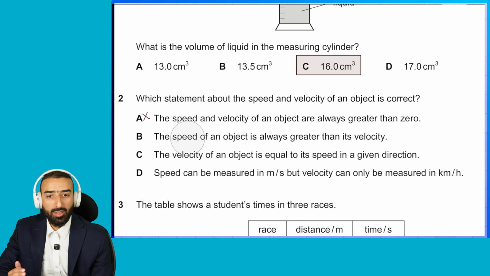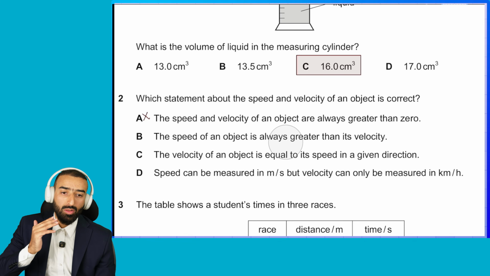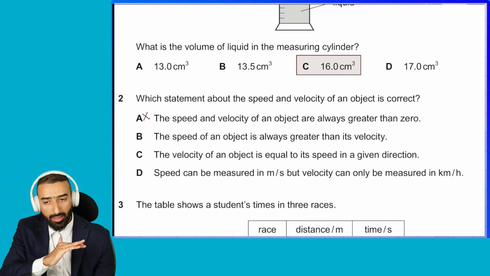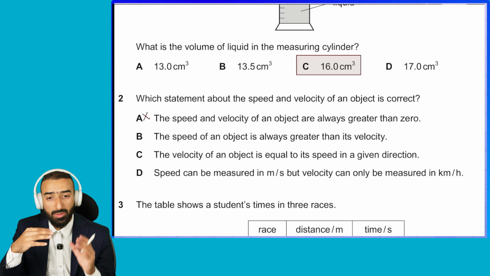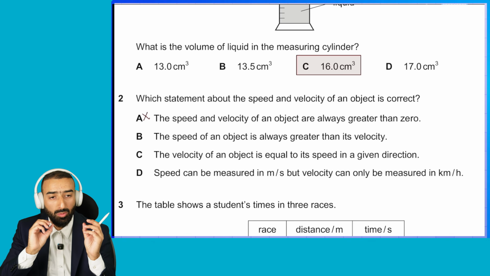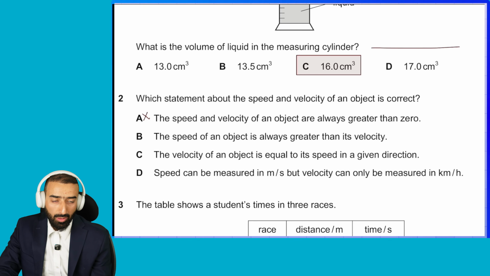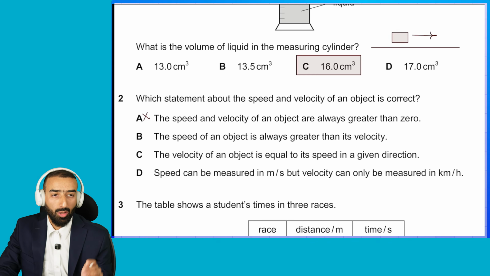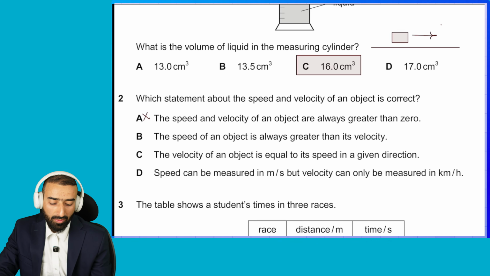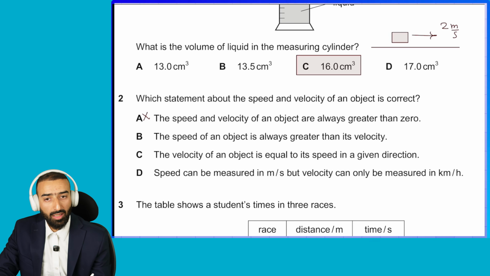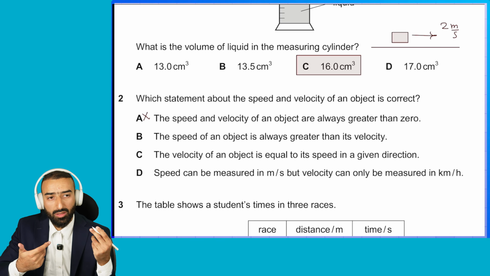Option B says the speed of an object is always greater than its velocity. Now that's not always true. Sometimes the speed and velocity could be equal. Now let's take an example. Suppose we have an object that is moving to the right and this direction is positive. So if it's moving with a speed of 2 meters per second, it's the same thing as saying its velocity is 2 meters per second.